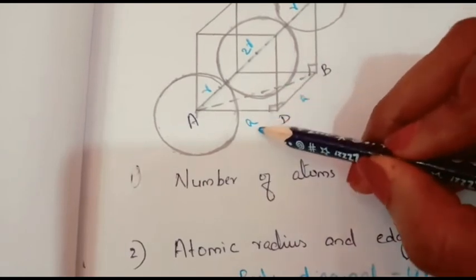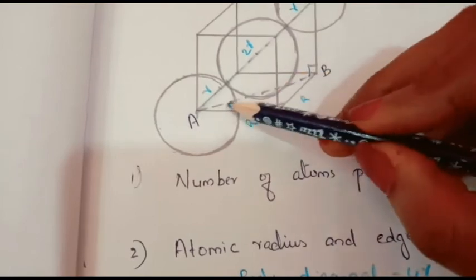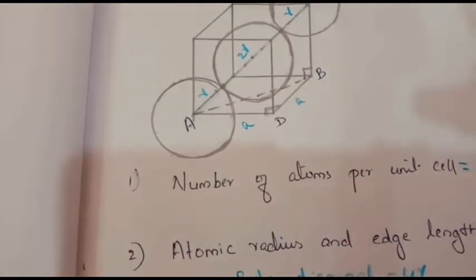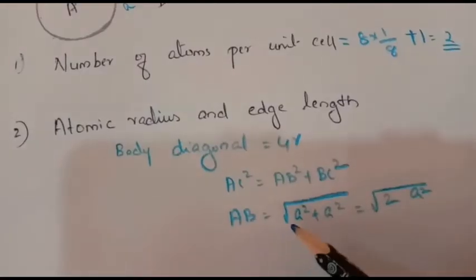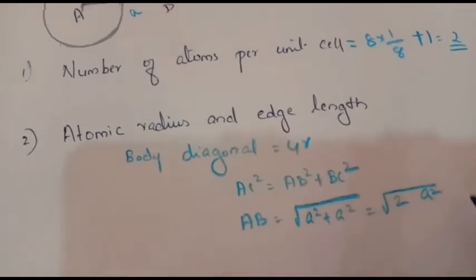AB will be root of A square plus A square. So when you know this AB, using AB and BC we can find the body diagonal. Therefore AB equals root of A square plus A square, that equals root 2 A square.